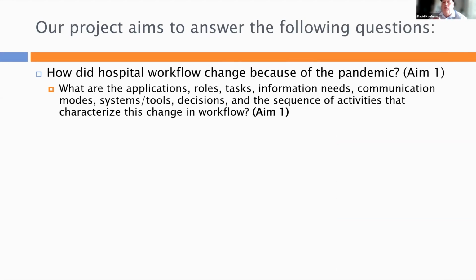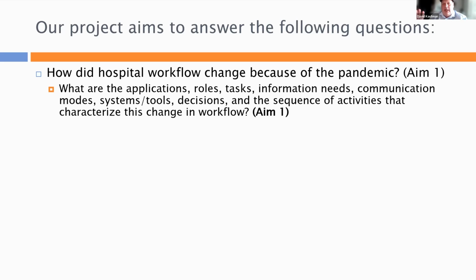So we have 3 sets of aims in the project. And can somebody let me know when we're at the 10-minute mark, please? So we want to know how the workflow changed. We're particularly focusing on information needs and thinking about ways to support them and visualize them, but we're also situating it in a broader context.